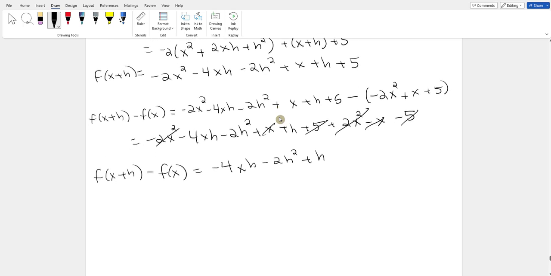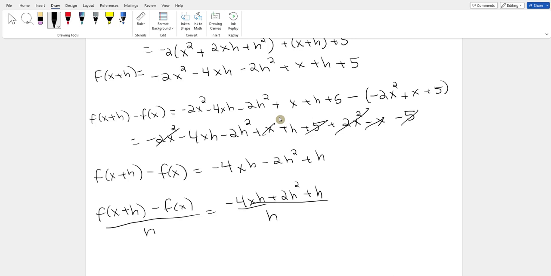The next step is, now that we've calculated all of this, we have to divide by h. As you can see in the numerator, we have an h in each term. I can go ahead and factor that out. When I factor out an h from the first term, I'm left with negative 4x.